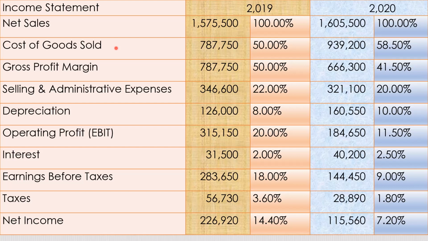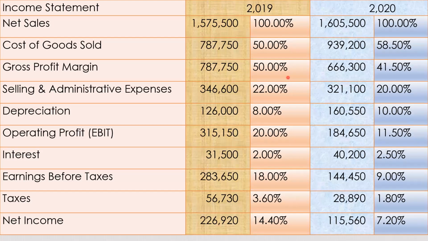And at the same time, if you are going for manufacturing, if the direct labor cost increases, if the direct material cost increases, or if the manufacturing overheads increase, this can increase. Because of the increase in cost of sales, the gross profit margin of 2020 is lesser compared to 2019.